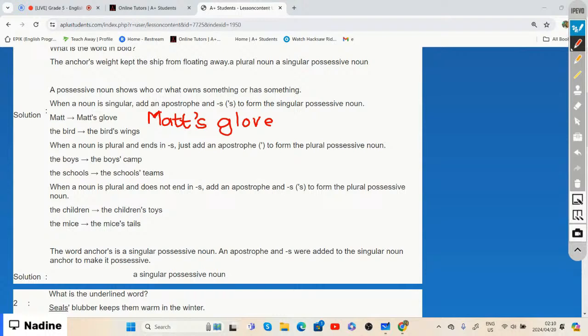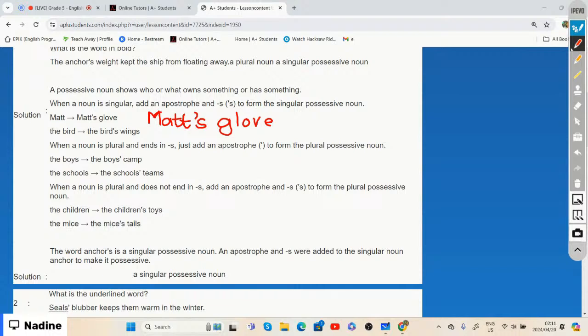And then when a noun is plural, and remember, plural refers to more than one person, more than one place, more than one thing that we are referring to.